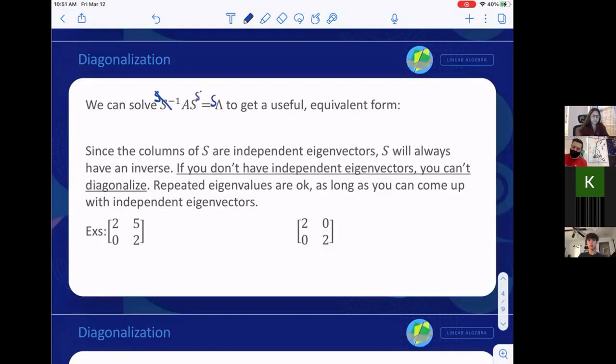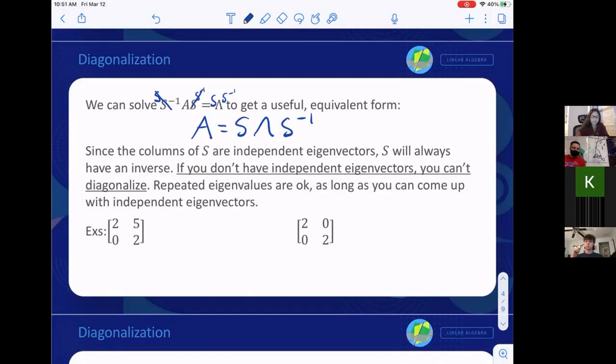Multiply from the right by S inverse, and that'll get rid of that. And so we typically use A equals S lambda S inverse. Where again, S is just a matrix made of the eigenvectors as columns. Lambda is the diagonal matrix with the eigenvalues on the diagonal. And then S inverse is the inverse of S, which we will have to find there.